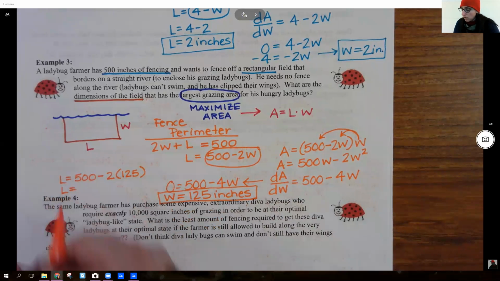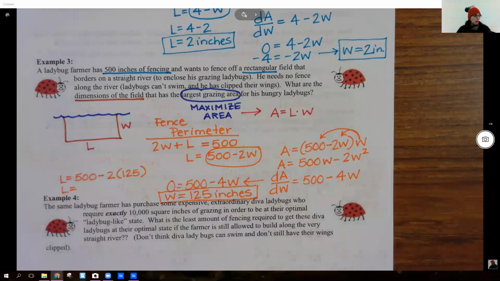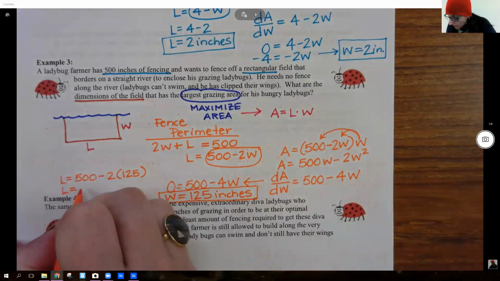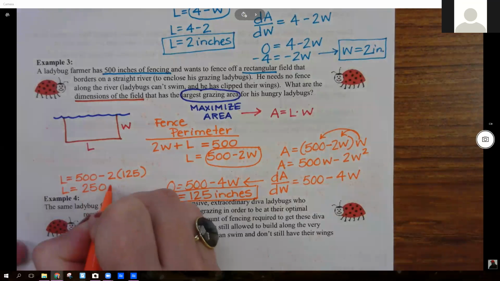What does that come out to be? L equals 250. What was it? I didn't hear you. 250. Awesome. So 250 inches.